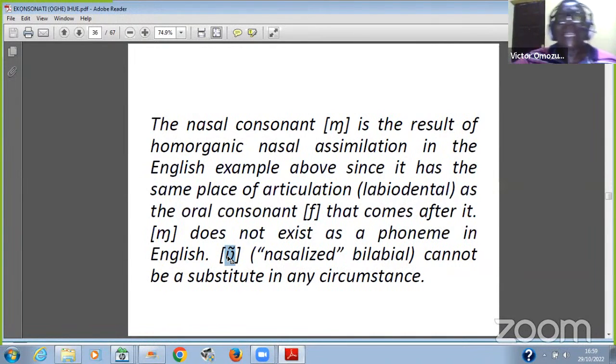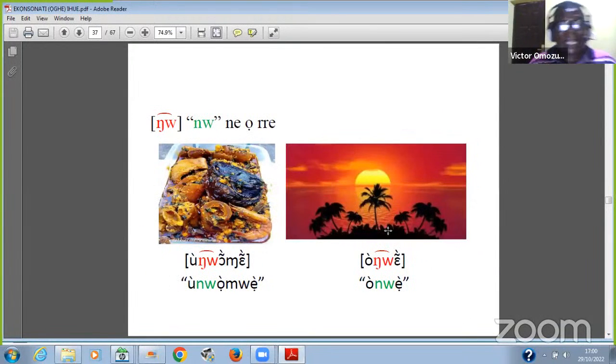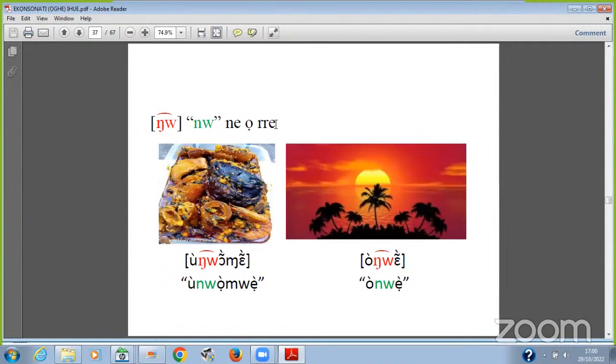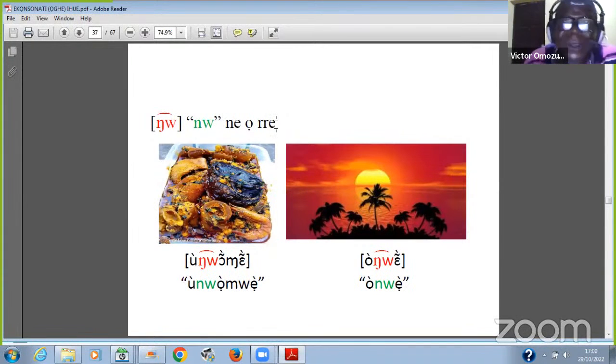So it cannot be a substitute for the mi in any way. So this is the second sound you use a digraph to write.